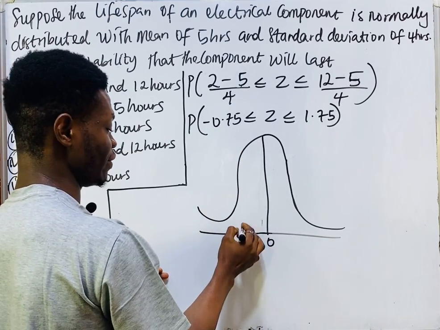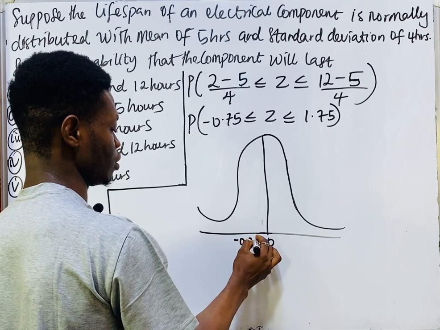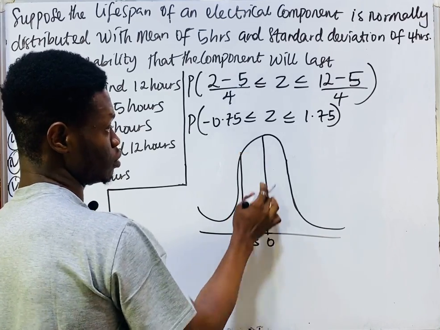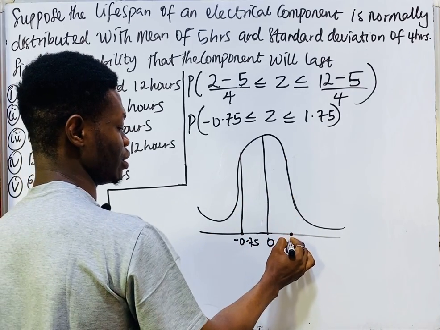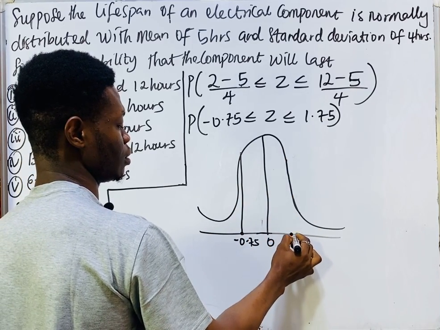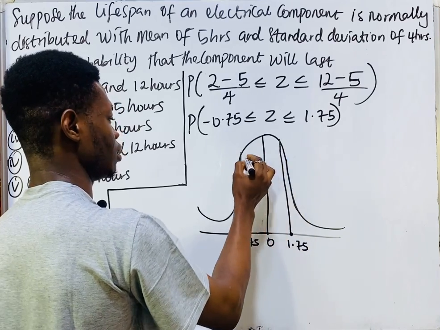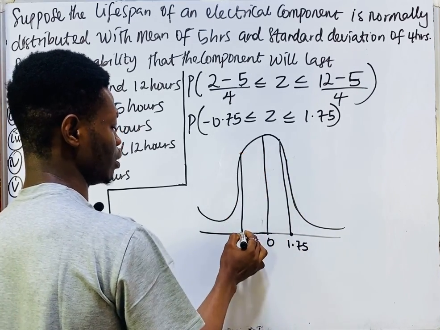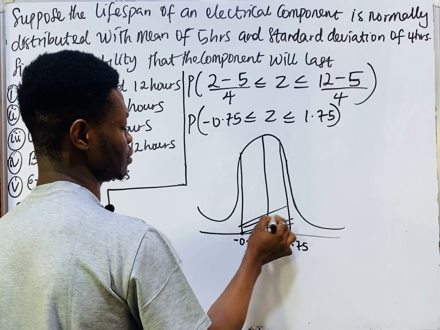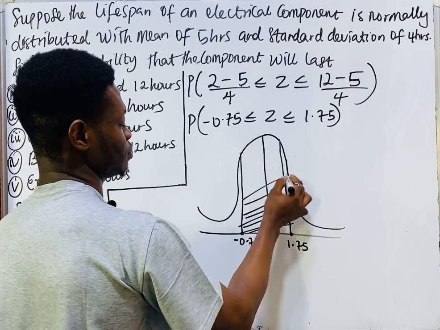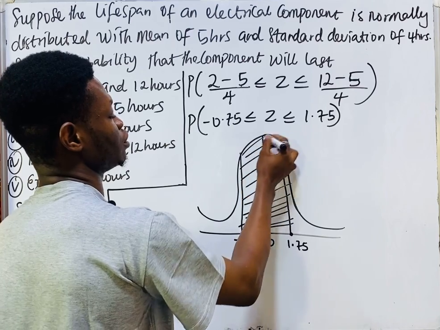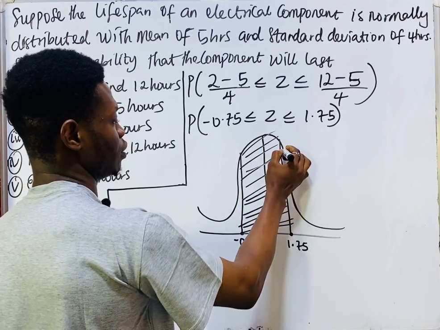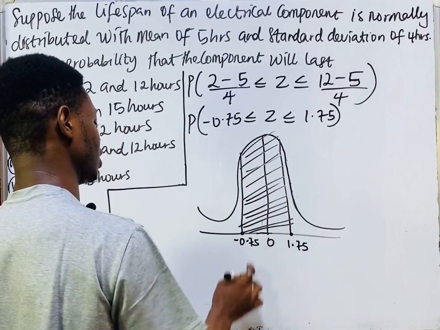Minus 0.75 is somewhere here, and 1.75 is somewhere here. So what are we looking for? We're looking for the area under this shaded portion.